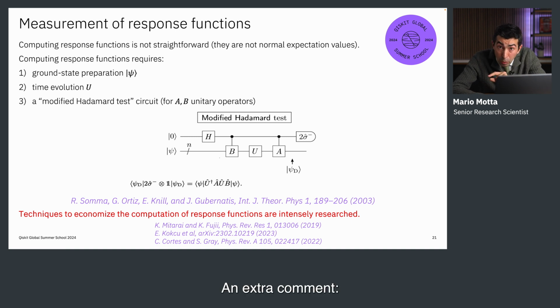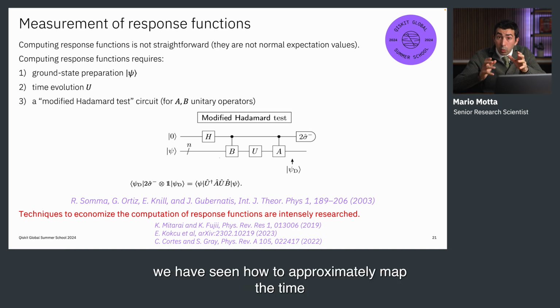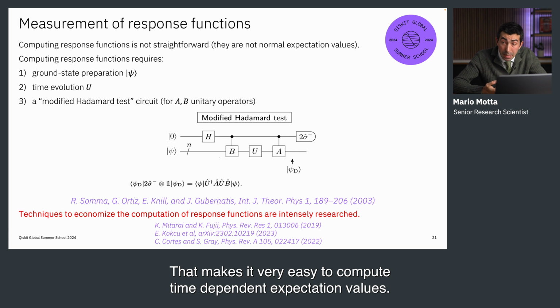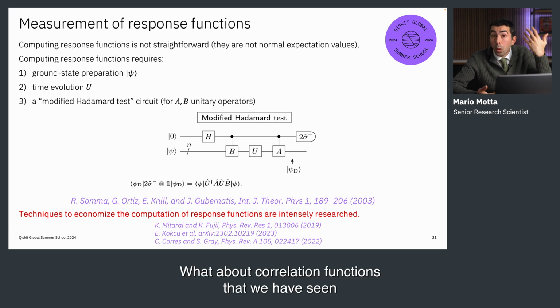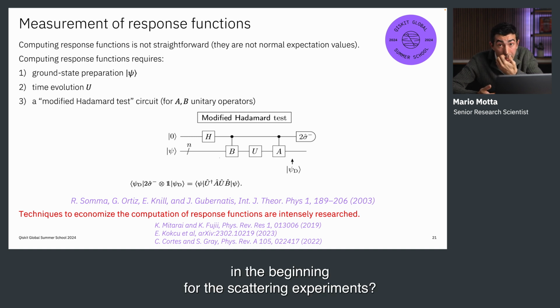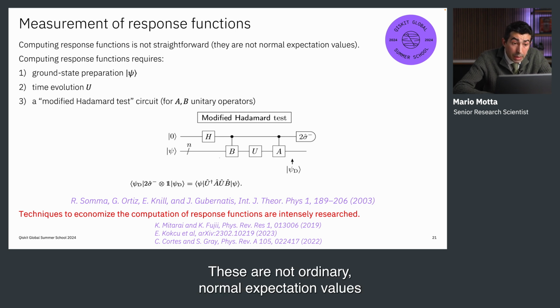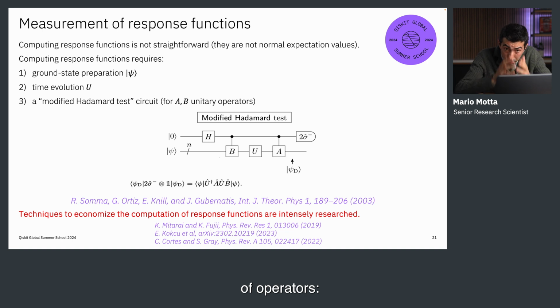An extra comment: we have seen how to approximately map the time evolution operator of a quantum system onto a quantum circuit, and that makes it very easy to compute time-dependent expectation values. What about correlation functions that we have seen at the beginning for the scattering experiments? These are less straightforward. These are not ordinary expectation values of operators.